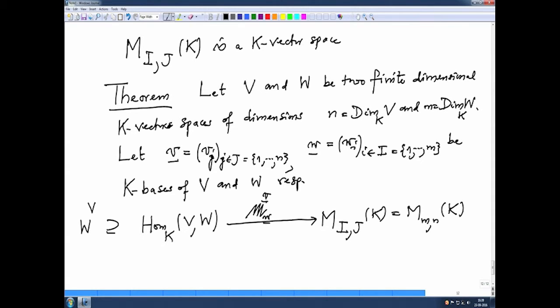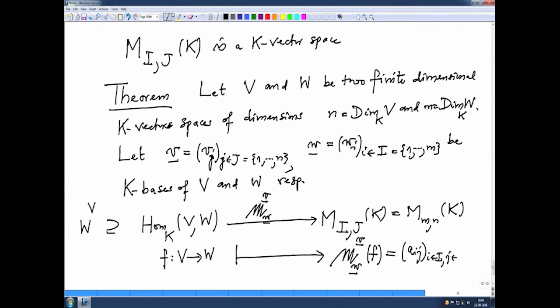What is the map? Let us write explicitly. That means any k linear map f from V to W maps to its matrix with respect to these bases, M V W (f), and you know this is Aij, i is in I, j is in J, and these Aij's are defined by this equation.